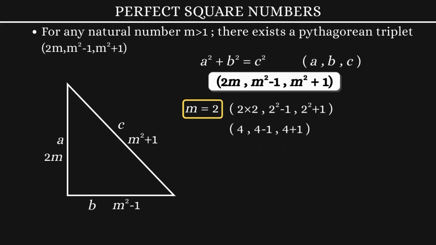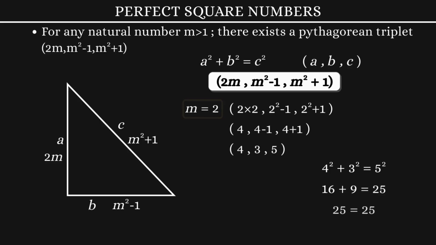That is 4, 3 and 5. Now let's square them and check. 4 squared plus 3 squared should be equal to 5 squared. 16 plus 9 should be 25. 25 is equal to 25. Hence, we conclude that the given set is a Pythagorean triplet.